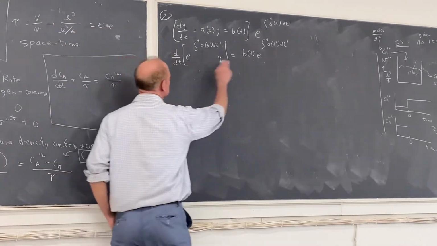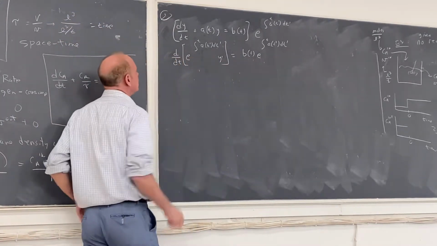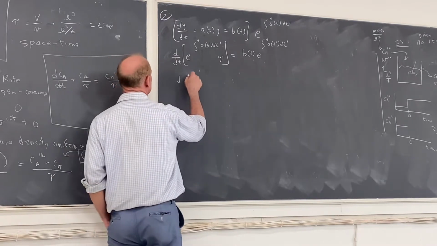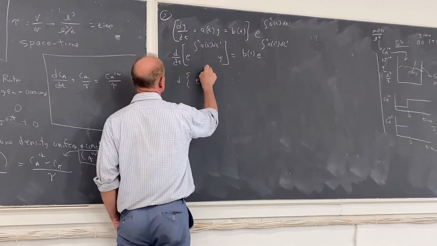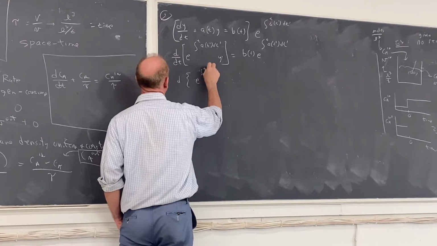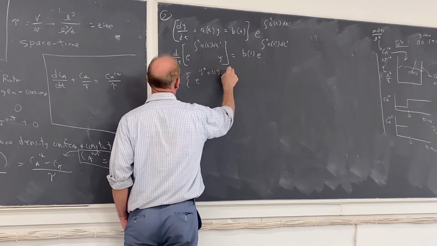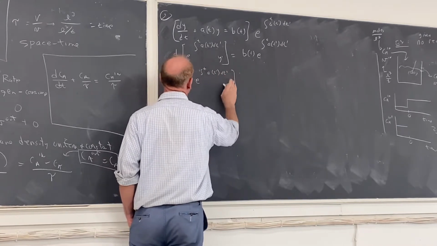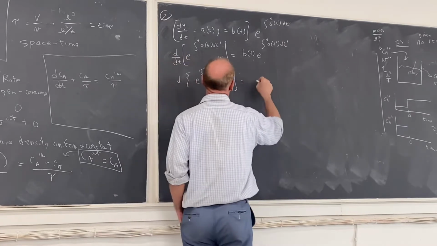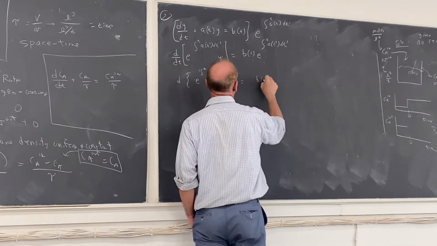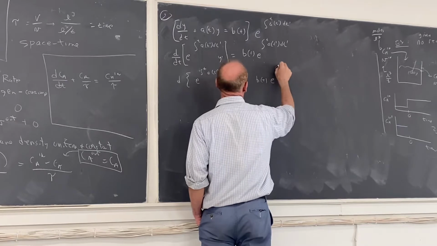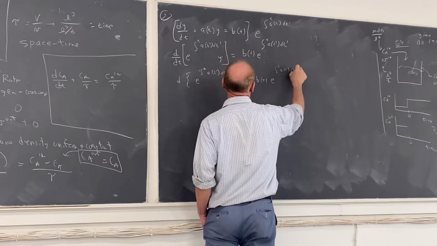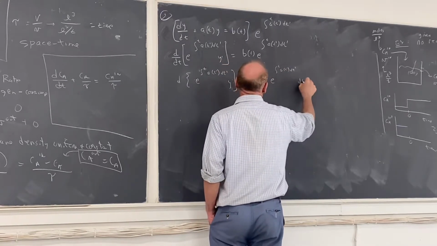Okay, so if I multiply by the integrating factor and integrate, then I have d of e to the integral of t, a of t prime, dt prime, is equal to b of t, e to the integral of t, a of t prime, dt prime, dt.